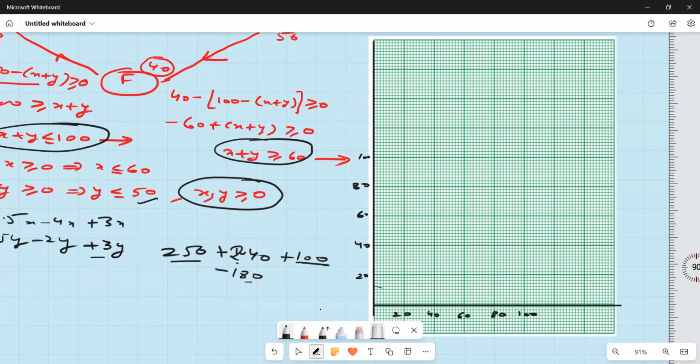Right? So first, x plus y is greater than or equal to 60. So you know how you will make the table? Once you put x equal to 0, y is equal to 60, and when y is equal to 0, then x is 60.